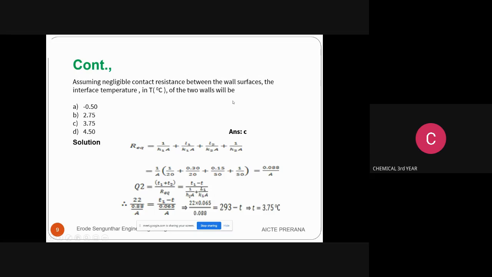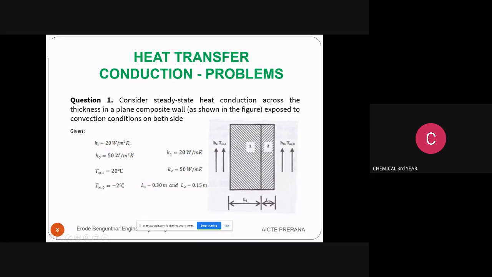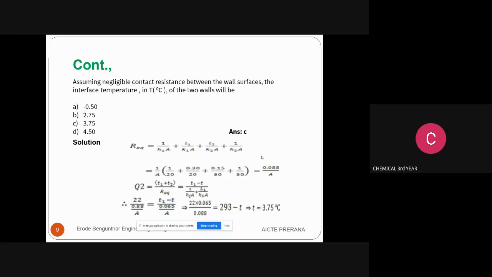The interface is the intermediate point between 1 and 2, and it has a specific temperature. That is the temperature we have to find, which they have named T degrees Celsius. The result is also asked in degrees Celsius, so we have to keep that in mind.